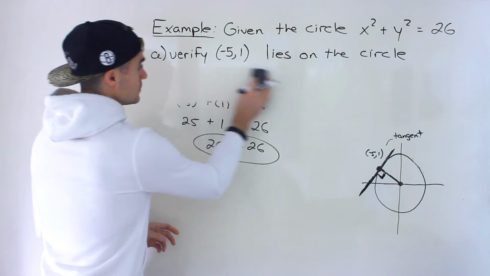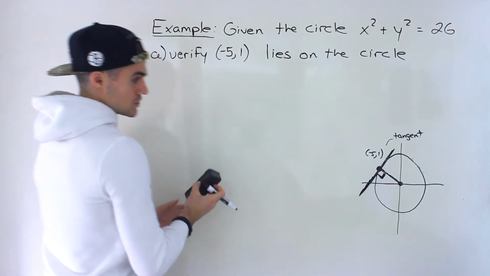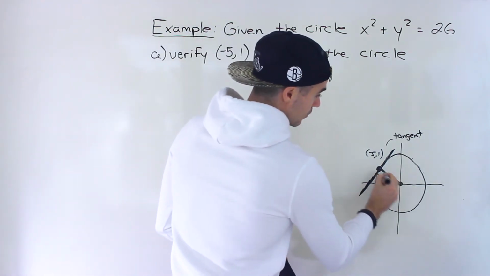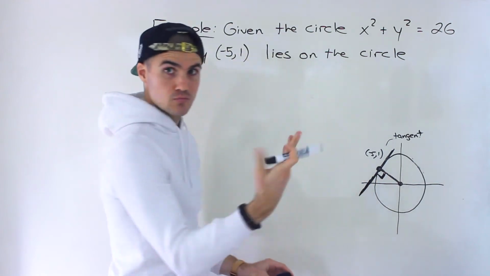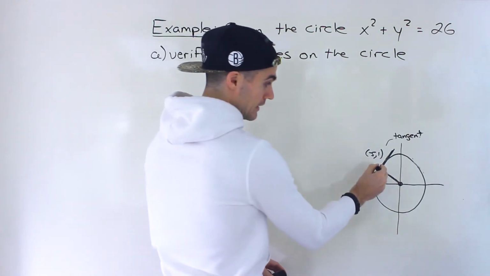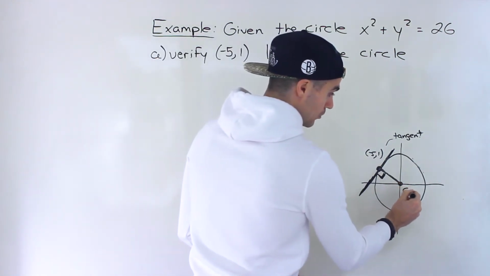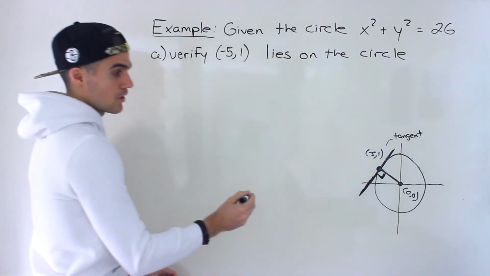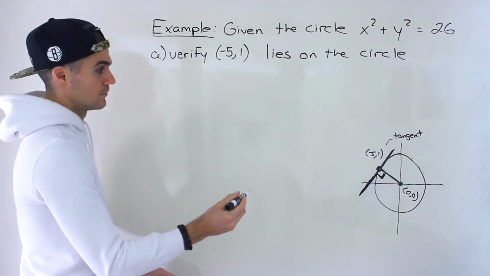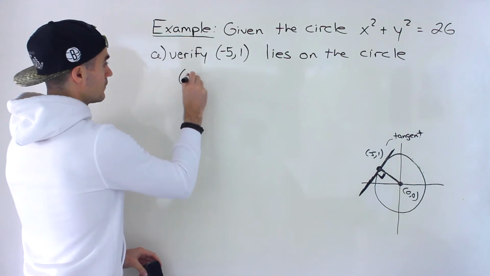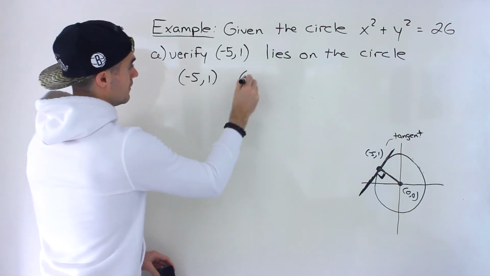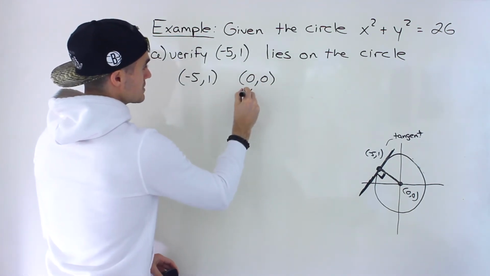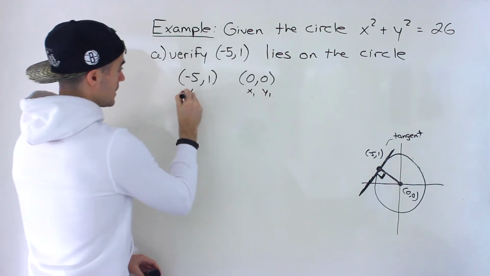Now what we have to do in part B is find the equation of this line over here. And notice that we have 2 points for this line. We have the point negative 5 and 1, and then we have the point 0 and 0, the center of the circle. Okay, so let me write out these points over here. And let's label these. So this will be x1, y1, this will be x2, y2.